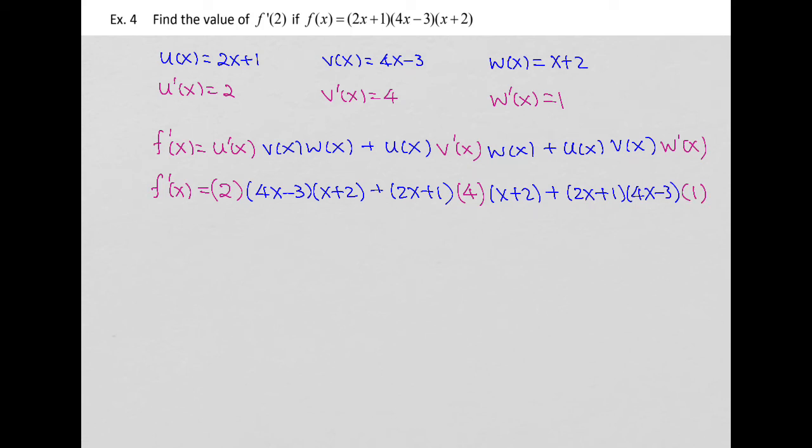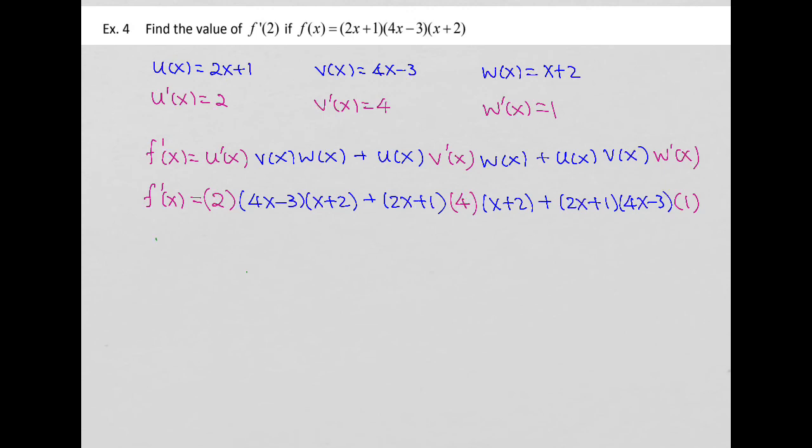Once again, because this question didn't ask for f prime x, they are just asking for f prime 2. That means we only need to find the value of the slope of the tangent at x equals 2. So we can substitute 2 into the x to find the slope of the tangent directly.